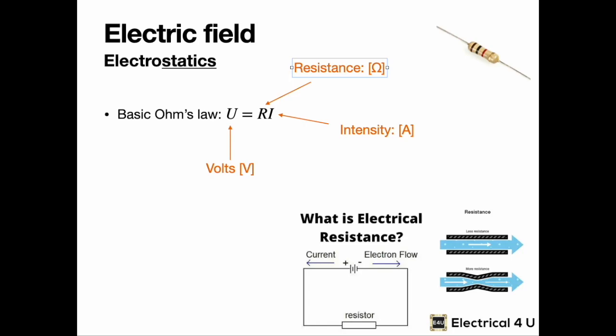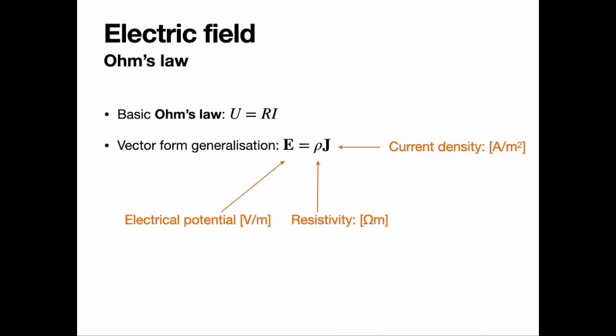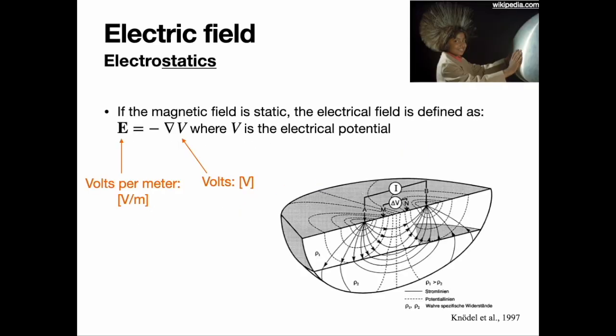Now we need a 3D generalization of this law, and there's a vector form generalization of Ohm's law, and it's written as such: the electrical field, which is a vector whose components are in volt per meter, is equal to the resistivity in ohm times meters times the current density vector, whose components are in ampere per square meter. So that's going to be one of the fundamental laws.